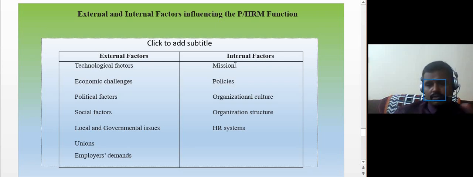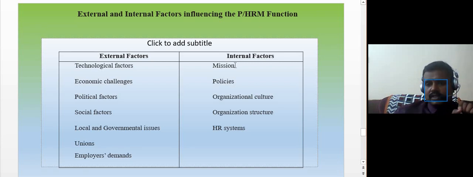We have to create a culture in our organization that meets the vision and mission statement and the objectives of the firm. So there is no doubt. This is also a controllable factor, that is, an internal factor of human resource management.